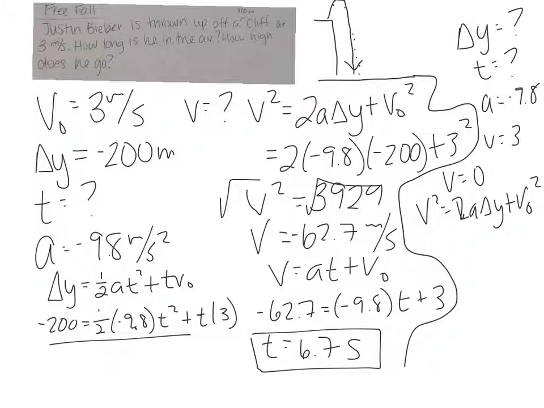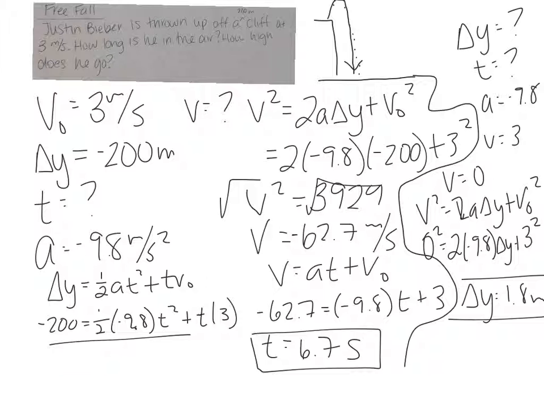I plug in final velocity 0 squared equals 2 times negative 9.8 delta y plus my initial velocity, which is 3 squared. So I get negative 9, because I move this to the other side, and then divide by negative 4.9. And your delta y is 1.8 meters. That all comes from using this idea right here that at the top the final velocity is 0.